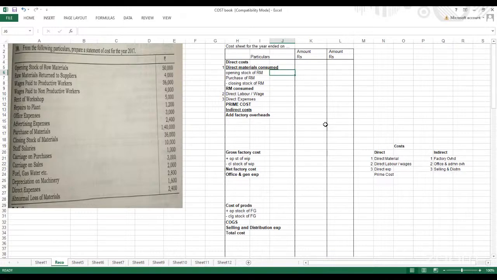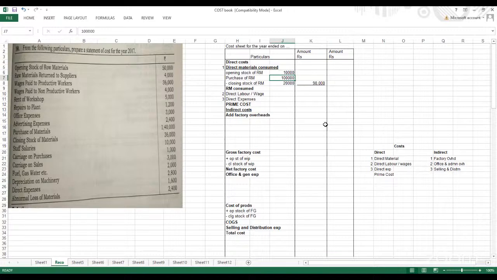Suppose opening stock is 10,000, raw material purchased is 1 lakh, and closing stock of raw material is 20,000. So raw material consumed will be 90,000. So sometimes you may need to calculate the raw material consumed amount, which may not be directly given.